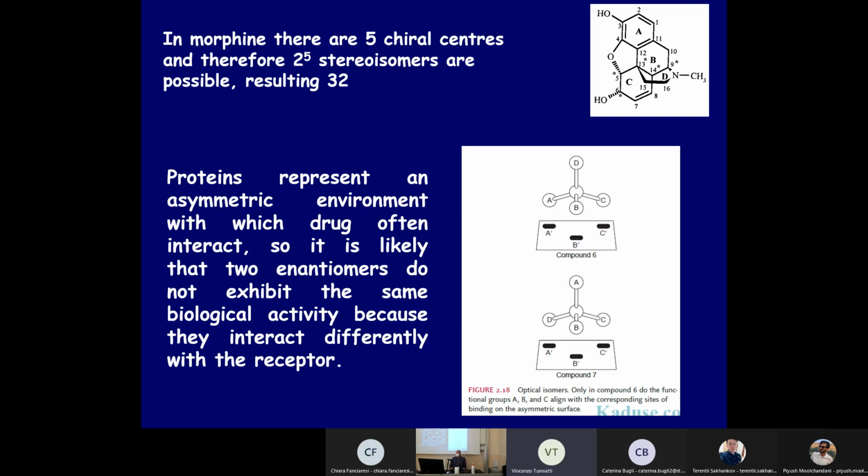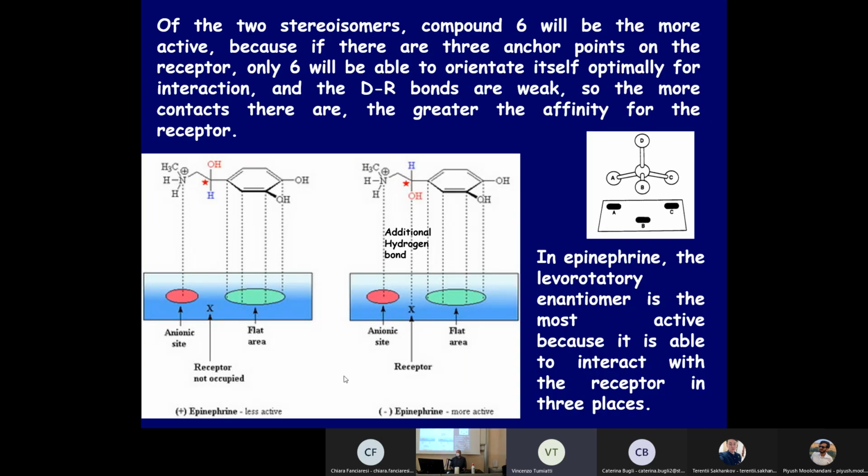These are the 2 situations when we have the 2 enantiomers. Here you can better understand this fact.